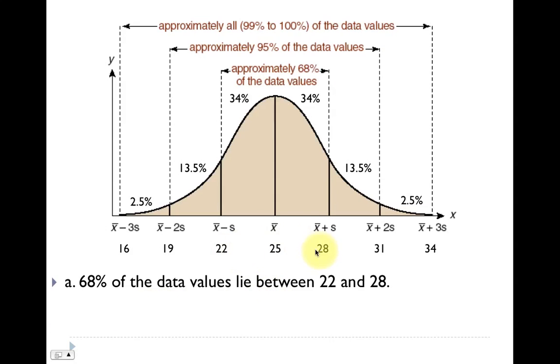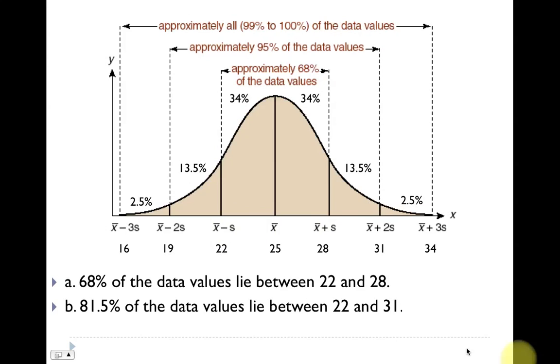22 to 28 gives us 34 plus 34, or 68% of the data values. 22 to 31, so let's add up the percentages from here to here. We're going to add up 34 plus 34 plus 13.5, and that will give us 81.5%.